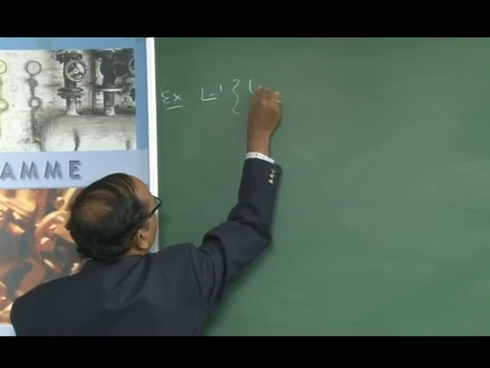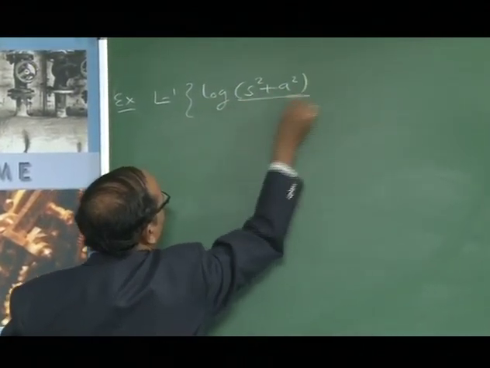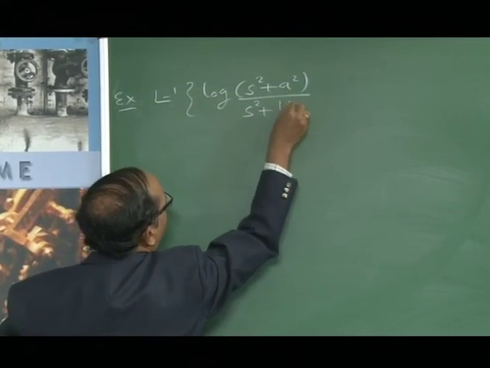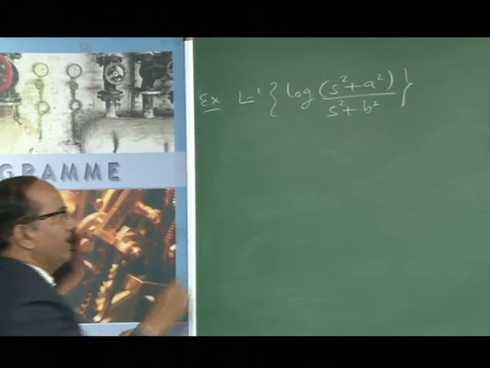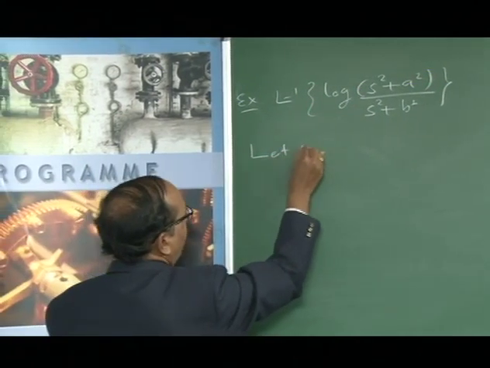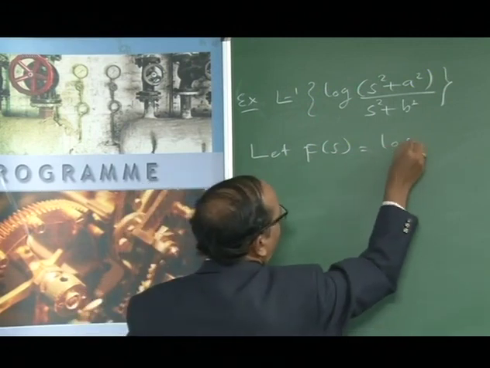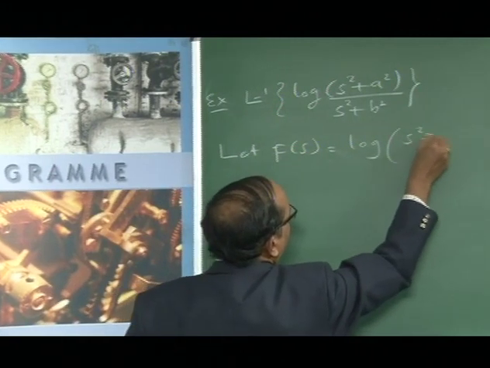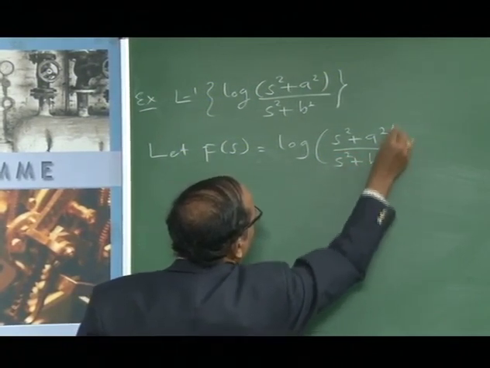L inverse of log of s square plus a square upon s square plus b square. As it is, you consider f of s equal to log of s square plus a square divided by s square plus b square.